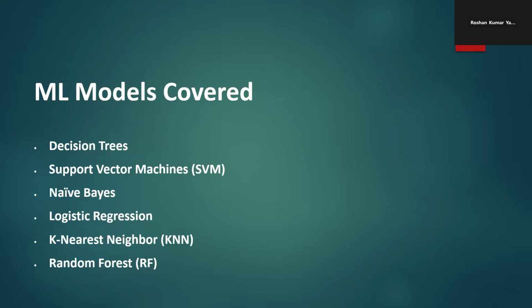Decision tree is the best for state detection in the plant, whereas support vector machine is useful in different applications like weed and pest detection, state detection, and smart farming. Similarly, naive Bayes is also used for plant disease detection, along with logistic regression, k-nearest neighbor, and random forest CNN.